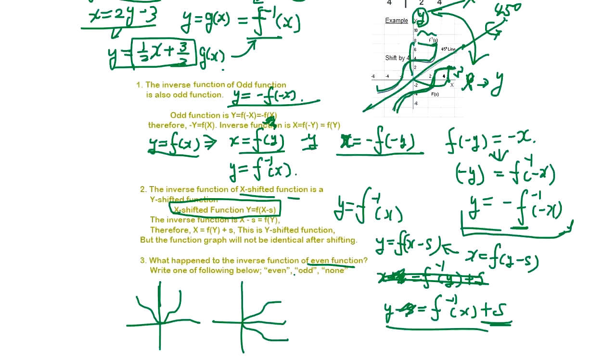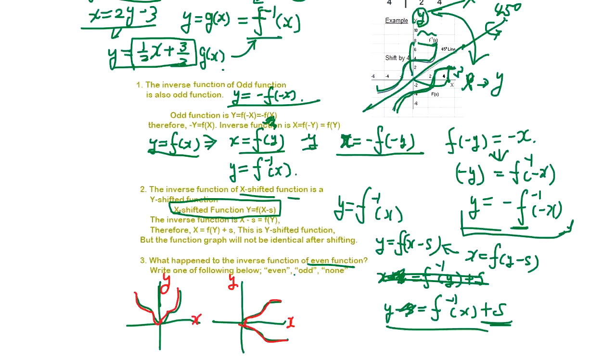So this part will be symmetric to this. This part will be symmetric to this. Okay, so for the inverted function, this is going to be x, this is going to be y. Okay, this is going to be x and this is going to be y.